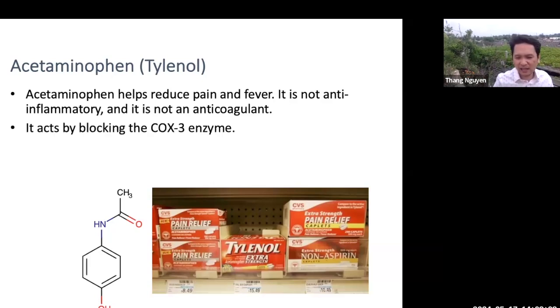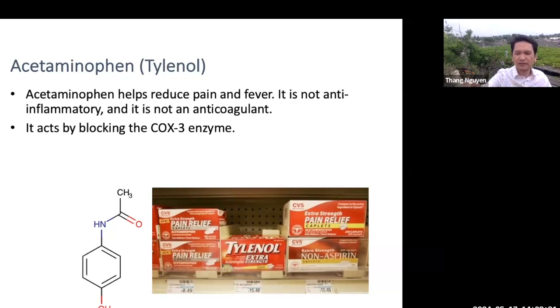Its mechanism of action is that it doesn't block COX-1 and COX-2 like the other three, where if you block COX-1, you cause that bleeding and stomach issue, right? So in this case, it blocks COX-3 instead. This enzyme, therefore, is not involved in the pathway that causes stomach issues.